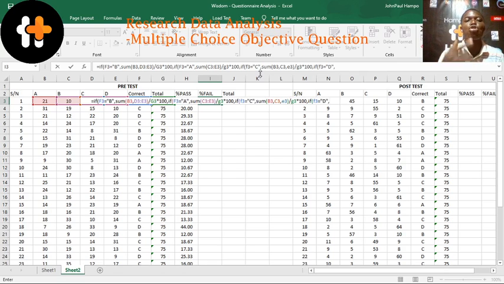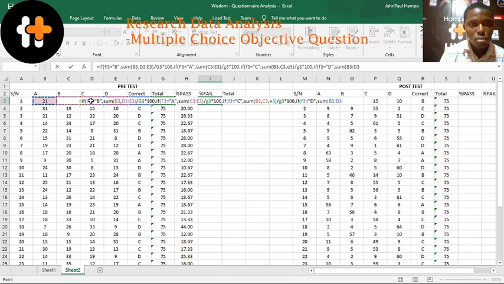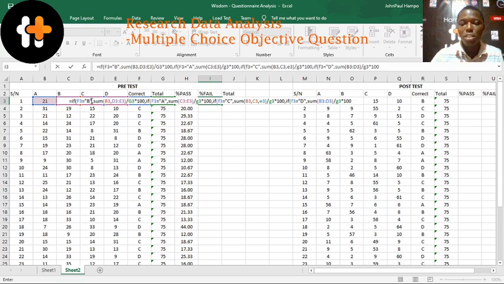Then we'll find the sum of those that failed, which is the sum of this. You close the bracket, divide by the total, G3, good. Multiply by 100. And you close your parenthesis.